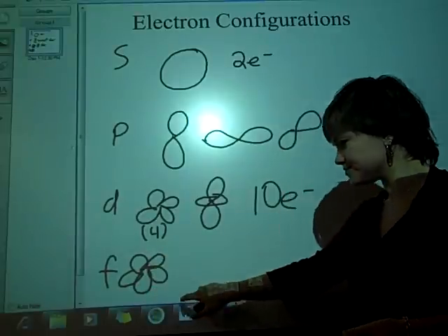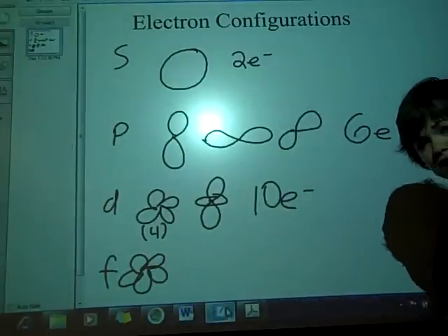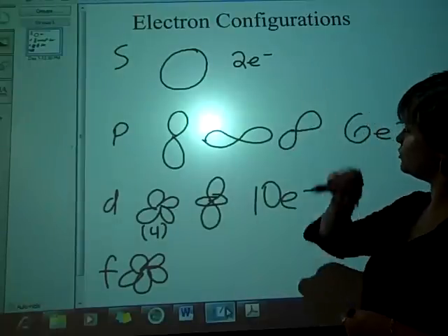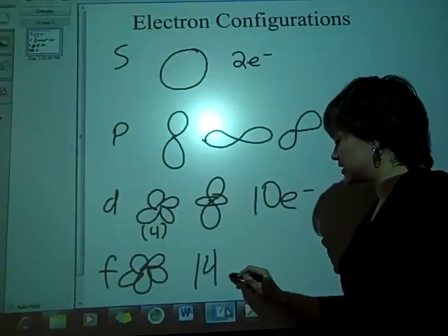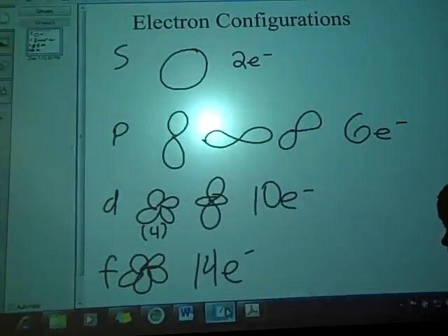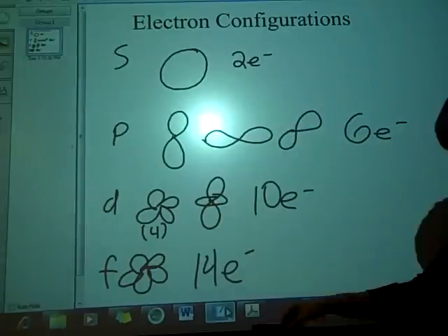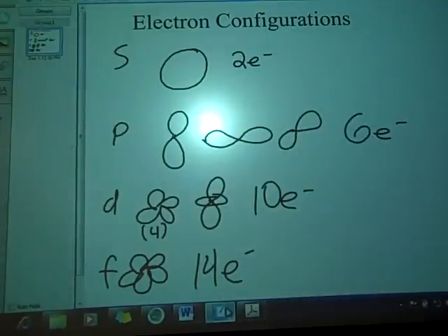So 7 rooms in my F suite, 7 times 2 electrons per room, gives me a grand sum total of 14 electrons. And again, yes, I know there are better ways to draw these shapes. I'm just trying to give you a vague idea of what they look like. This is basic chemistry after all.